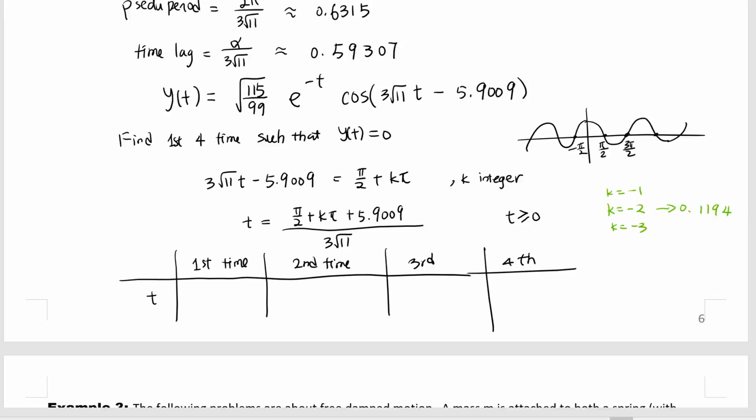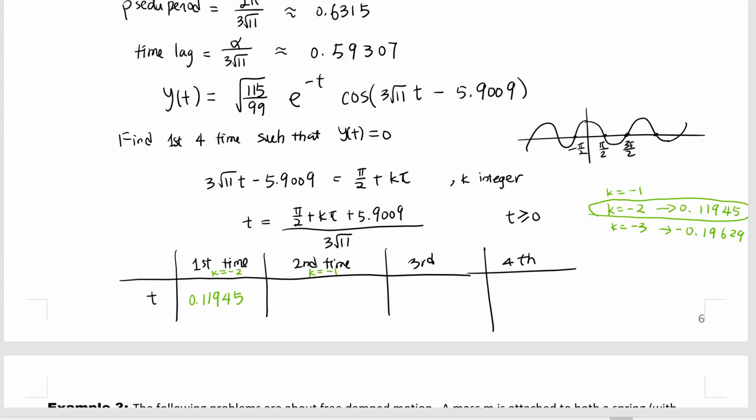Oh, 945 actually, because the next digit is 9. And then when we plug in 3, we don't need to type the whole thing again. Just go up to our equation and change the 2 to the 3. Oh, we get negative 0.19629. Because it's negative, we know k equals negative 2 is the first time it passed through the equilibrium position. So t is 0.11945, and this corresponds to k equals negative 2.